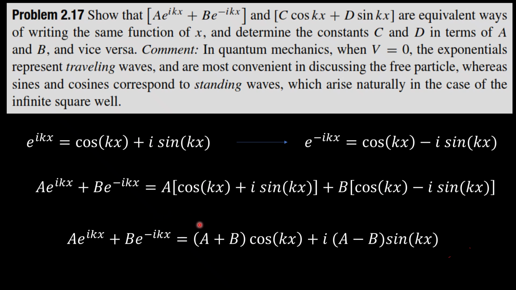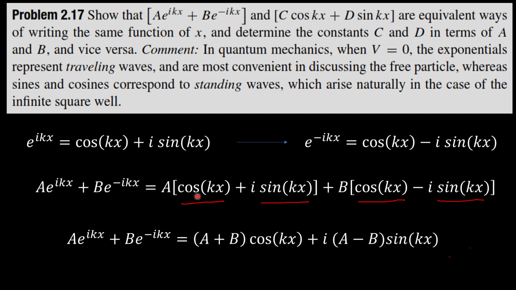Now you combine the cosine term and the sine term. Here you have cos kx, here also cos kx, with multiplicative factor a here and b here. So this can be written as (a plus b) cos kx. In a similar way, for sin kx, you can take i as common.